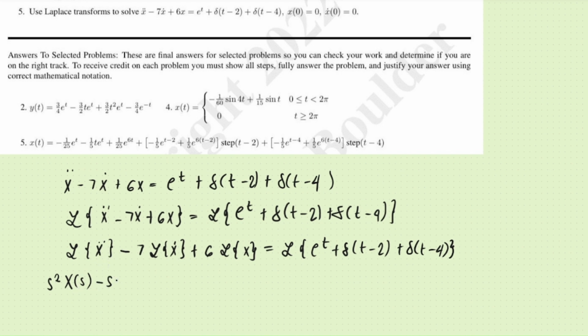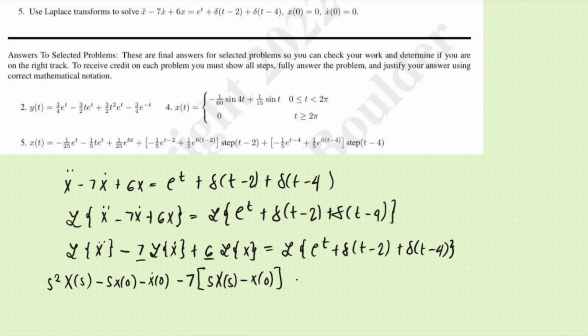Minus s x of 0, that's in lowercase because this is the initial condition, minus x prime of 0, this is the initial condition too. Minus 7, because this is 7, times the Laplace transform of x prime, which is X of s minus x of 0.